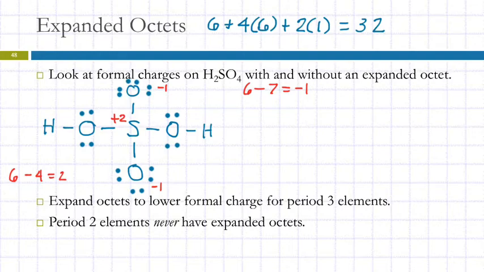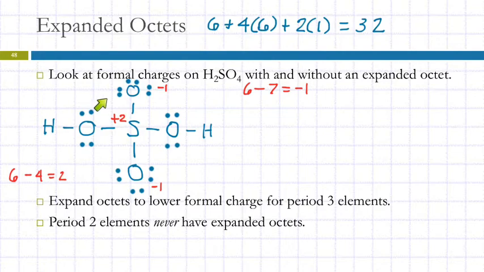We would like to see if we can get lower formal charges. Well, the only way we're going to be able to do that is to expand the octet on sulfur. Sulfur is in period 3. It can do that. So we're going to say, well, this oxygen with a negative 1 formal charge has a little bit too many electrons.